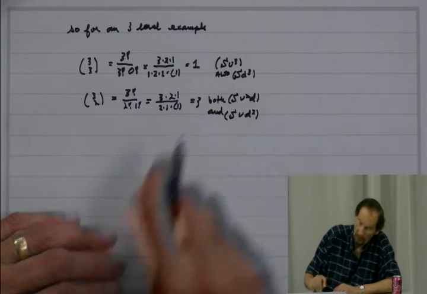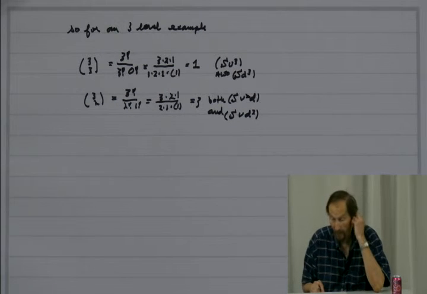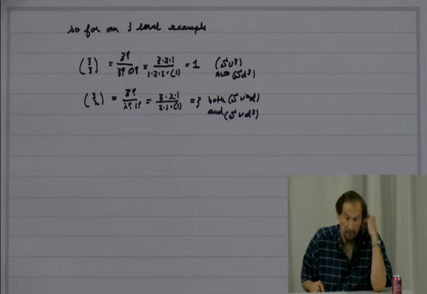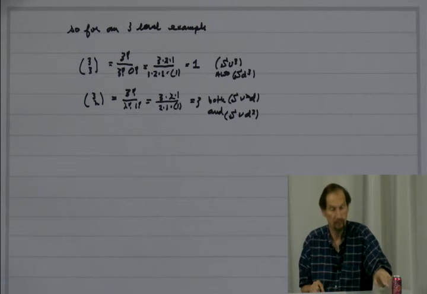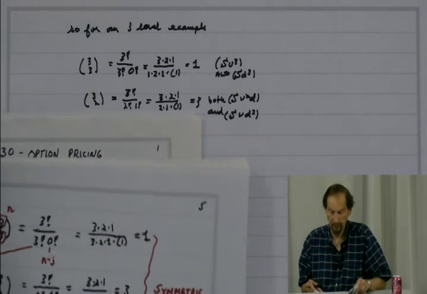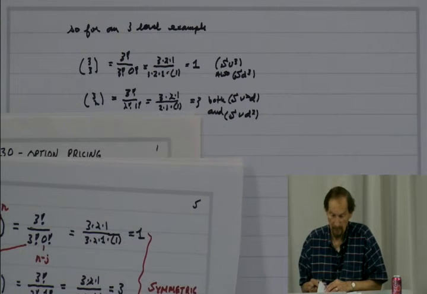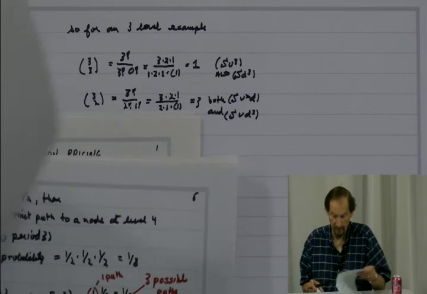Those are the nodes there, because remember we got 1, 3, 3, 1 here. So this agrees with our past.